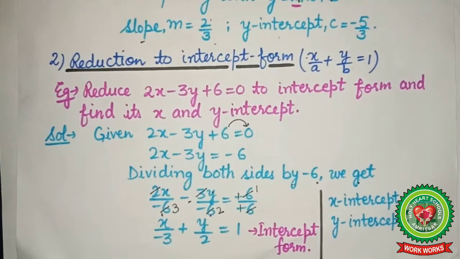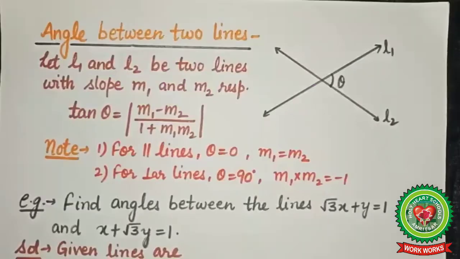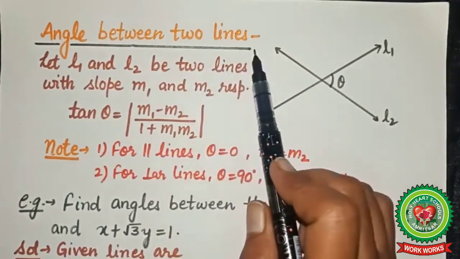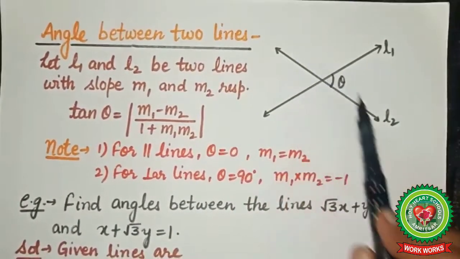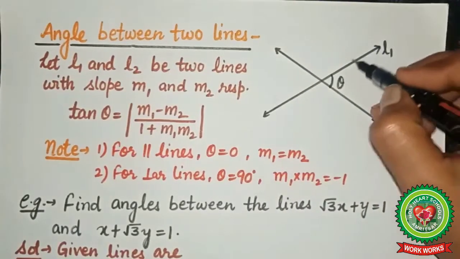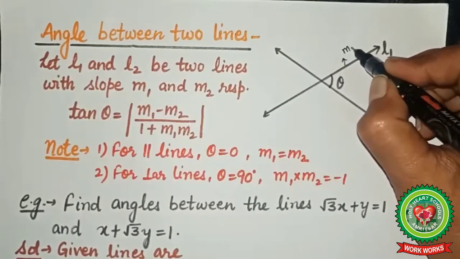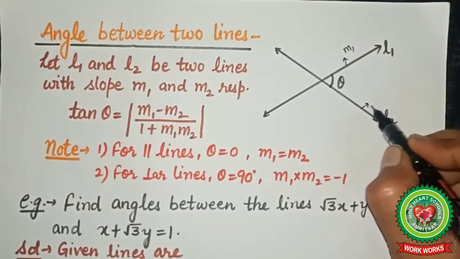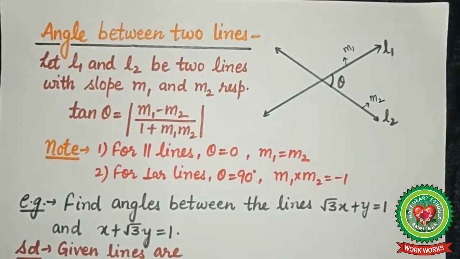Now, next objective is angle between two lines. If these are the two lines L1 and L2, slope of L1 is m1 and slope of L2 is m2, and we have to find the angle between these two lines.